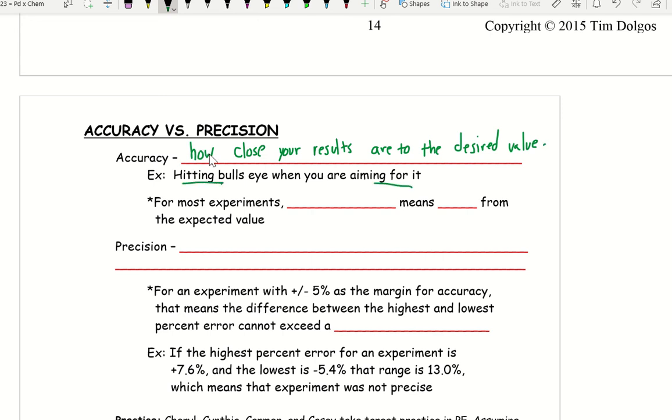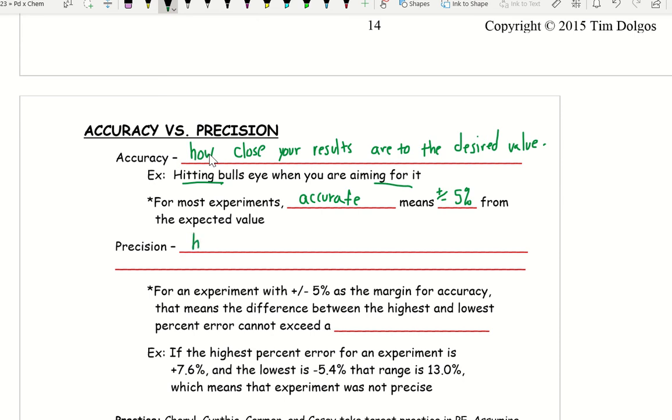For most experiments, to be accurate means you're within plus or minus 5% from the expected value. Precision, though, is a little different. It means that you're measuring it to the very exact metric. So whatever units you're measuring to, so you're measuring to the millimeter.